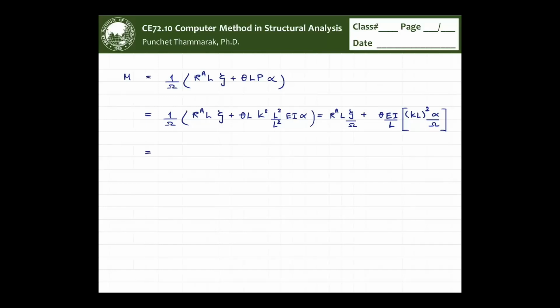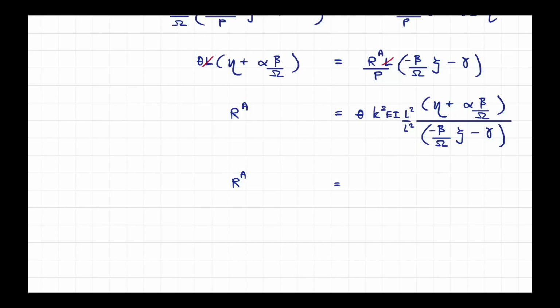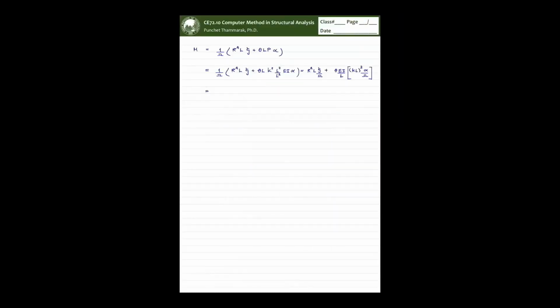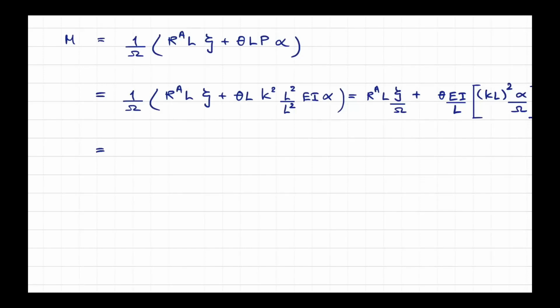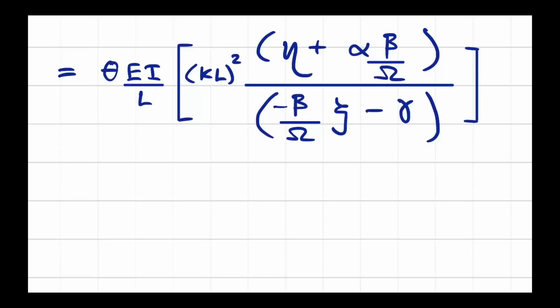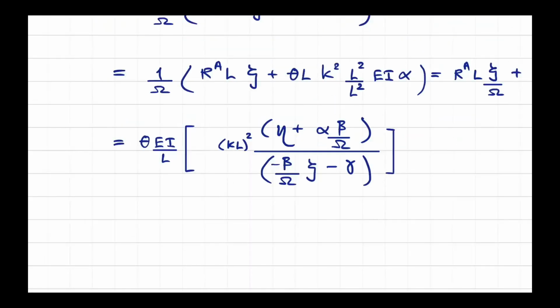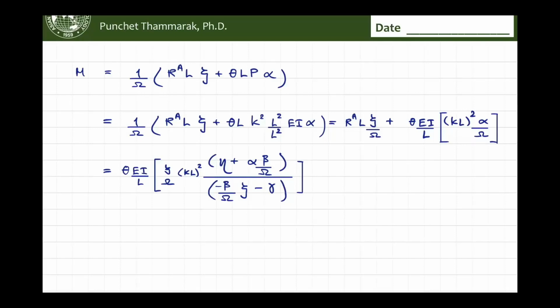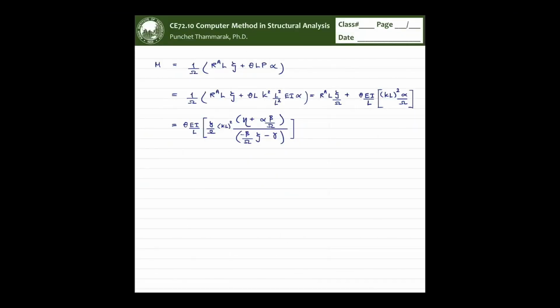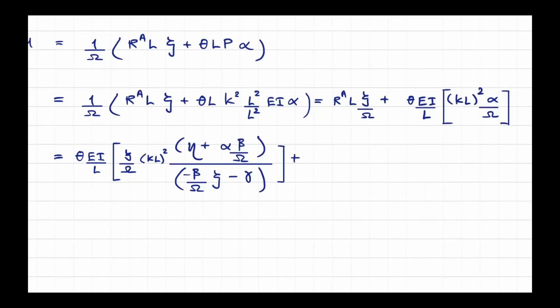This is equal to RA multiplied by L and multiplied by C over omega, and then plus the terms on the right hand side here.